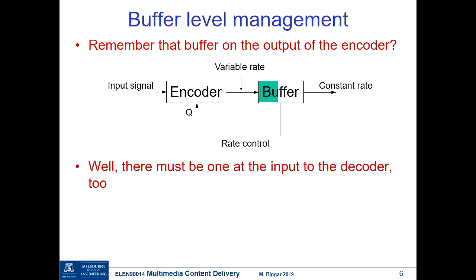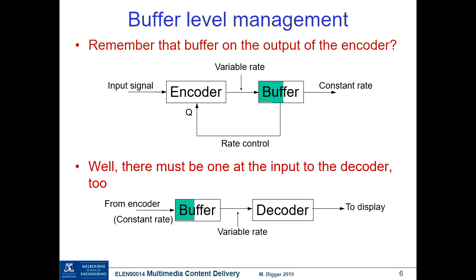But I think we did talk about this earlier, but there must be a corresponding buffer at the input to the decoder, because at least in this case of constant rate transmission networks, we're filling this buffer at a constant rate. We're reading data out at a variable rate, and so that buffer is essential to provide the interface between the two.